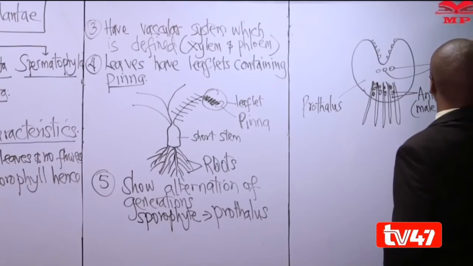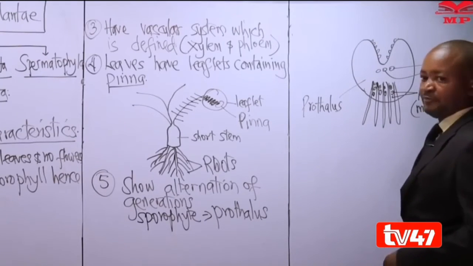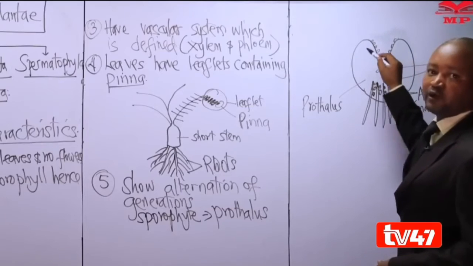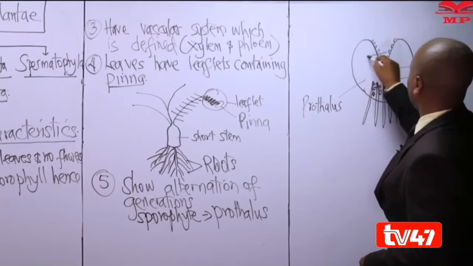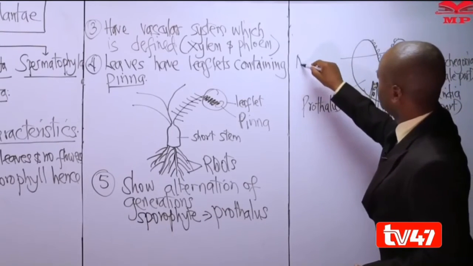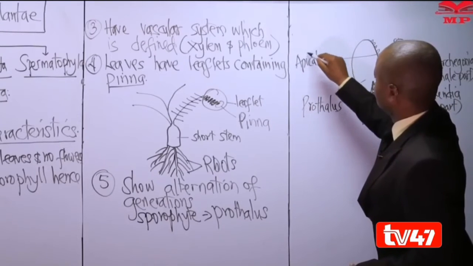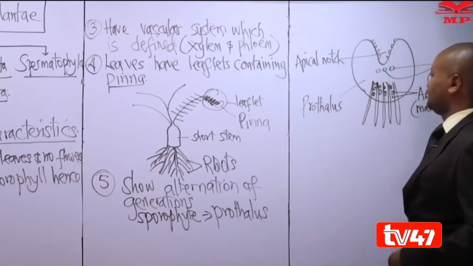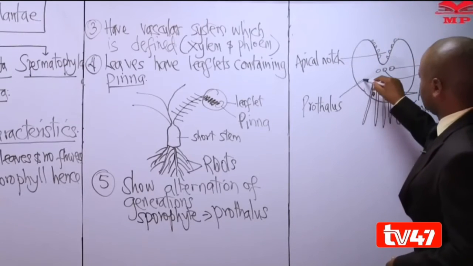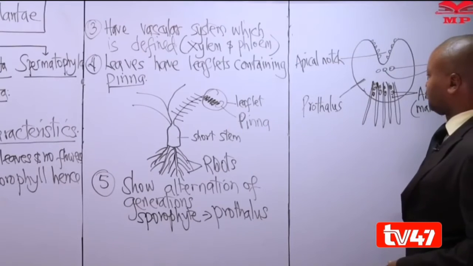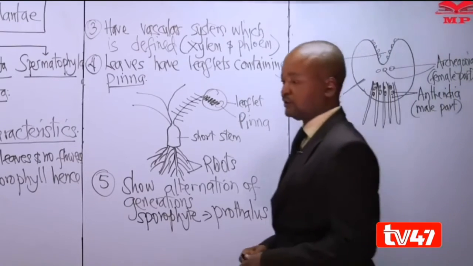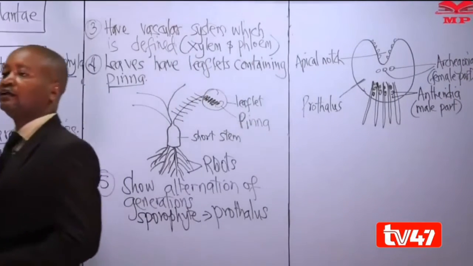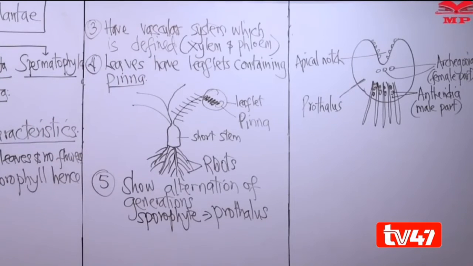Archegonia is the female part. Then this part here, which makes it look like a heart, is known as the apical notch. That makes it look heart-shaped. So this is the prothallus. It is a structure which is not organized into any tissues or structures.